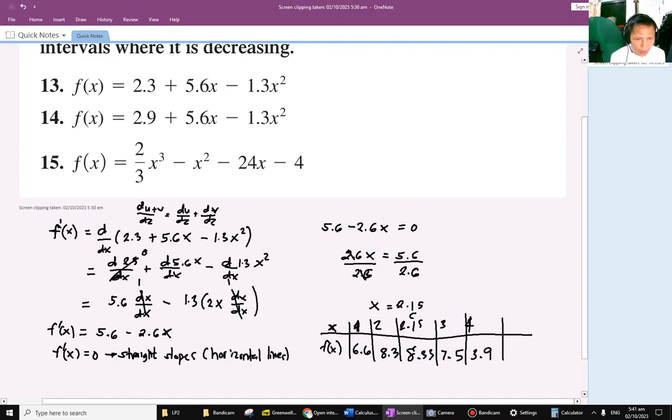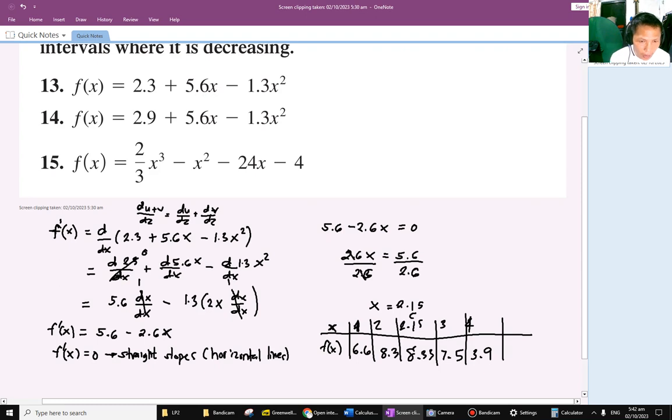So I think 2 is 8.22, because I don't have 2 here. Maybe I can just substitute. So 2.3 plus 5.6 times 2, and then minus 1.3 times 2 squared. So by that, I could calculate 8.3.